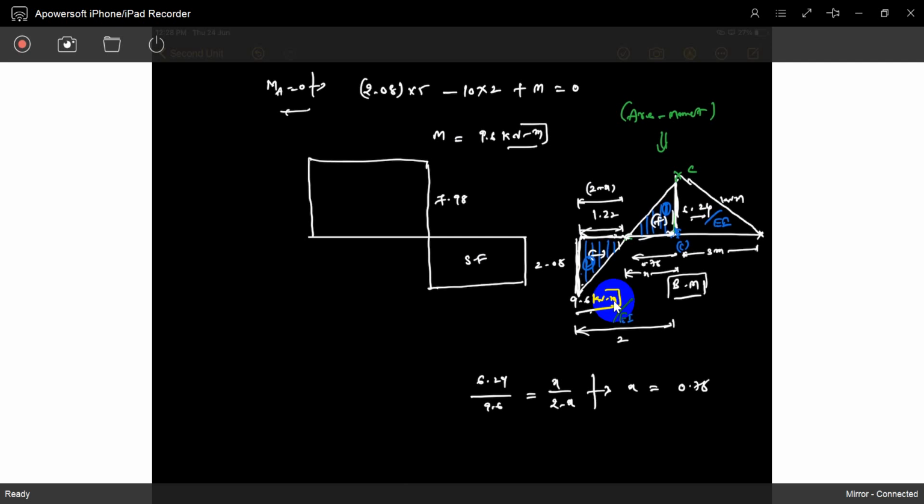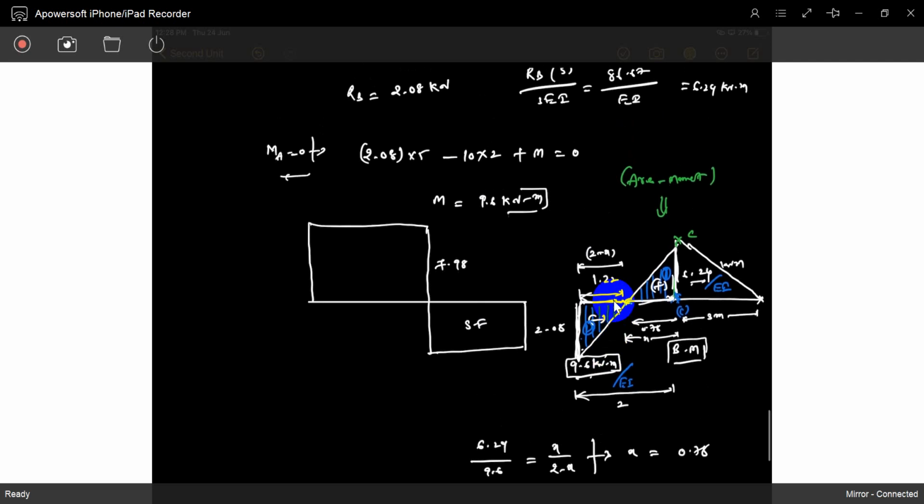No problem at all. No need to find it based on the bending moment diagram only. You can easily get it by similar triangles also. I am asking, is this 9.6 or not?